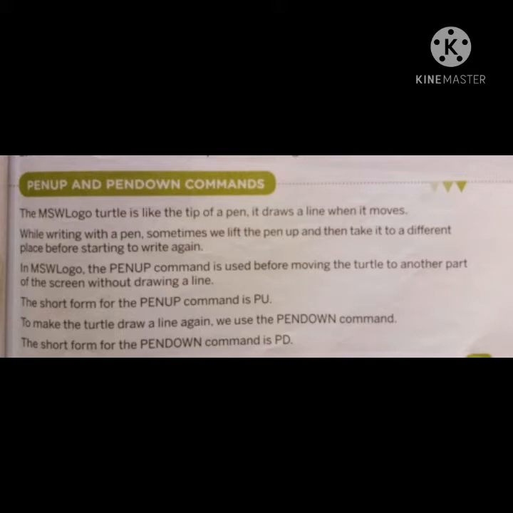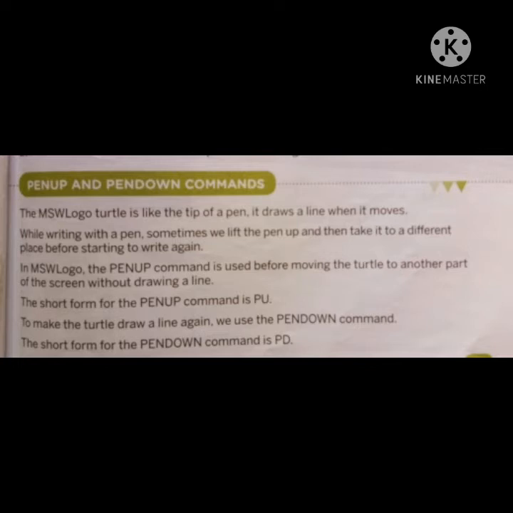Okay children, while we are writing with a pen, sometimes we lift the pen when we want to write somewhere else, isn't it? So to do this action in MSW, there is a command called pen up, with which you can move the turtle to another part of the screen without drawing a line.